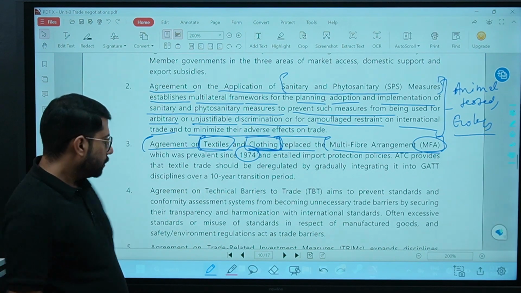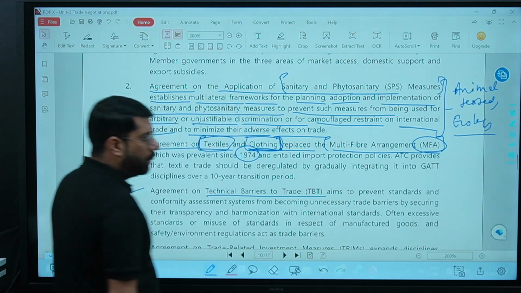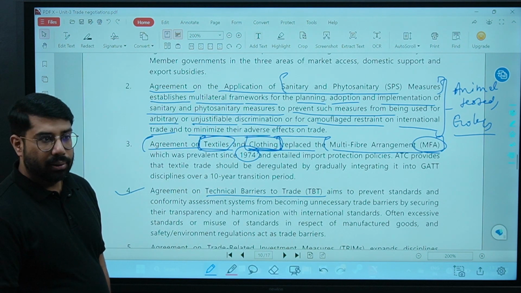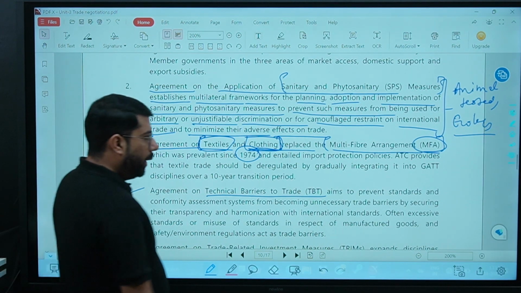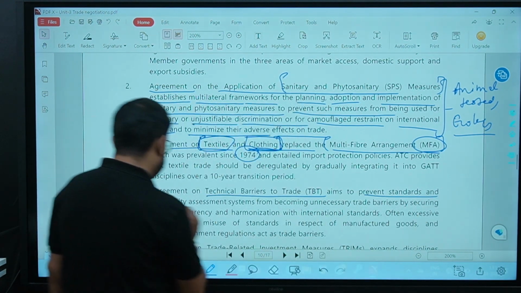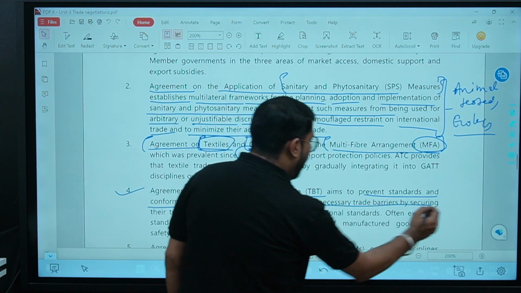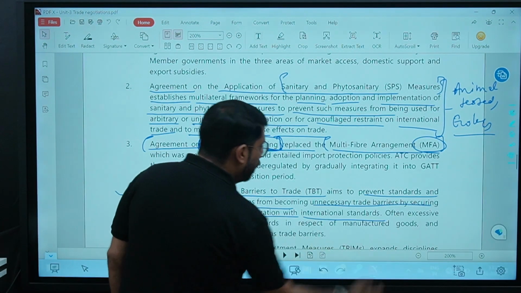Are you clear? Fourth is the agreement on TBT. We have done this TBT also, if you remember. You remember technical barriers to trade, right? So it is to prevent standards and conformity assessment systems from becoming unnecessary trade barriers by securing their transparency and harmonization with international standards.